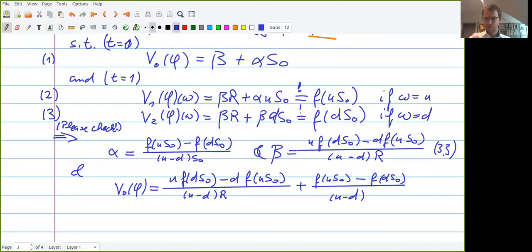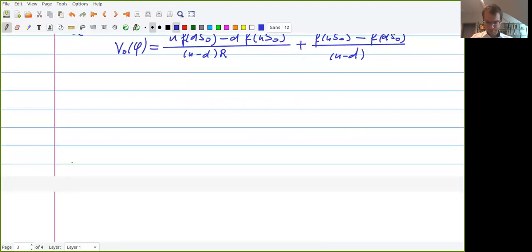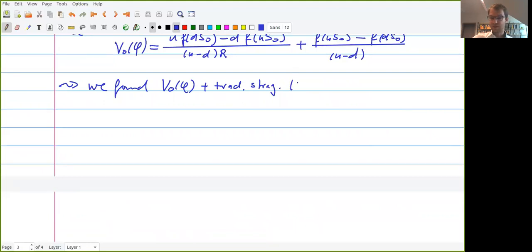Right. So what was the main point here? The point is that we found initial capital plus a trading strategy phi, given by alpha and beta, such that the terminal payoff of this trading strategy equals the terminal payoff of the financial derivative f acting on S1.